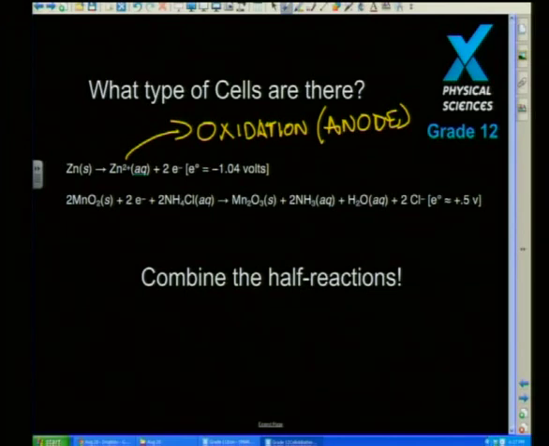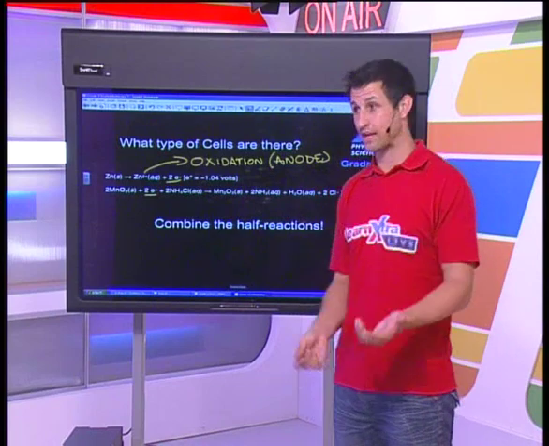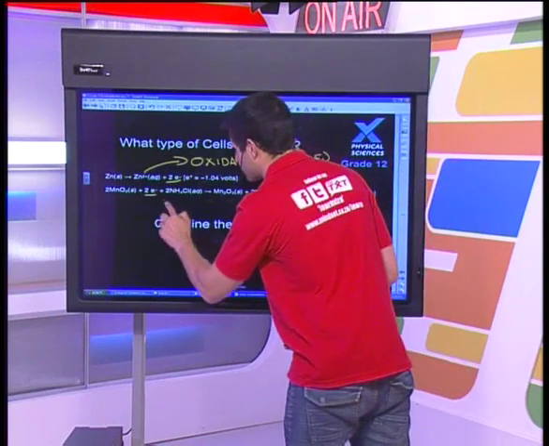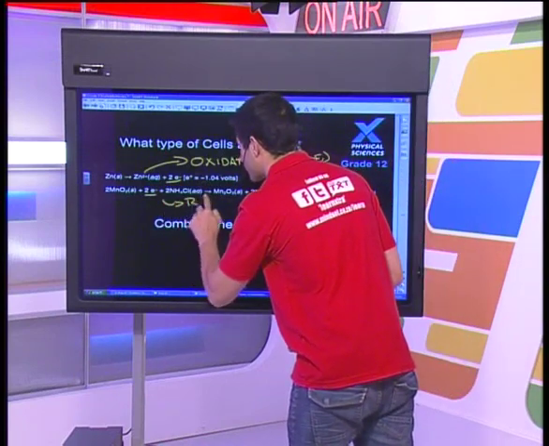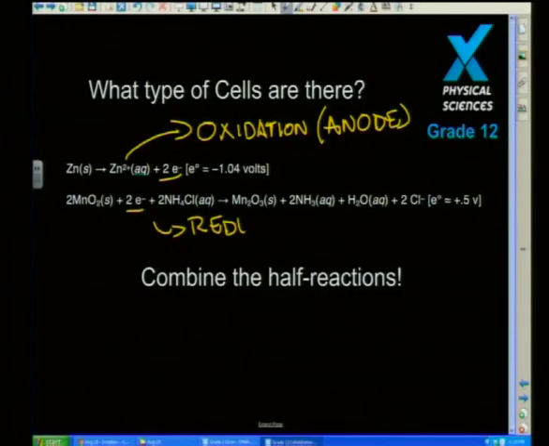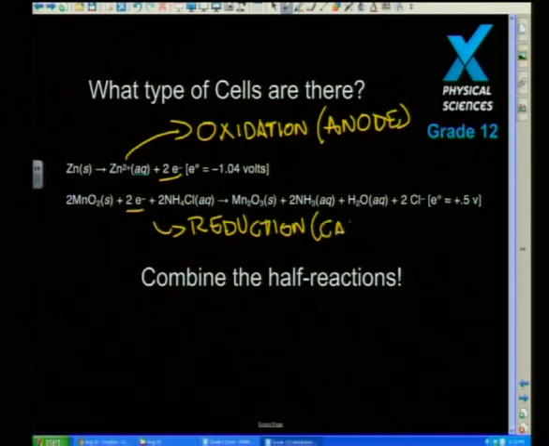And in the second equation, I'm going to highlight both the electrons. The electrons were on the right when there's oxidation. When there's reduction, the electrons are on the left-hand side, and that makes it reduction. So there we go. We know that reduction is occurring, and if you know your electrochemical cells, reduction always occurs at the cathode. It's absolutely vital that you know that.